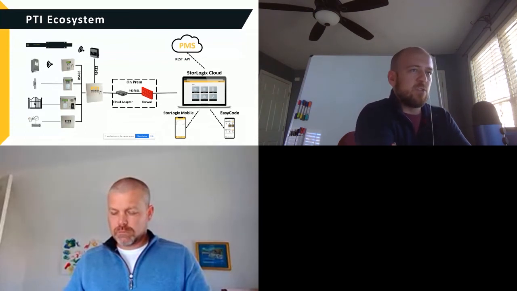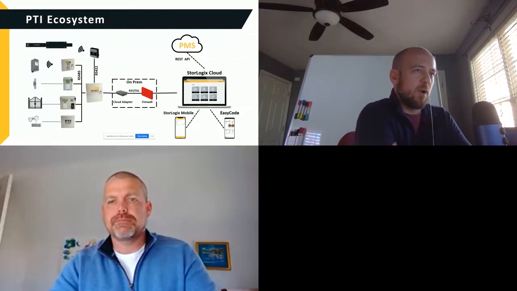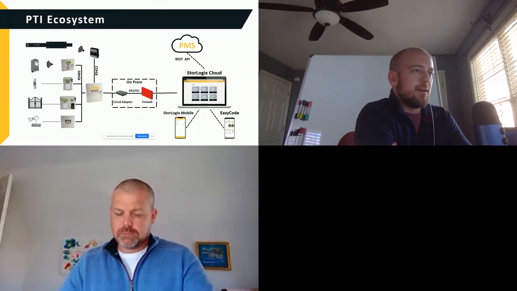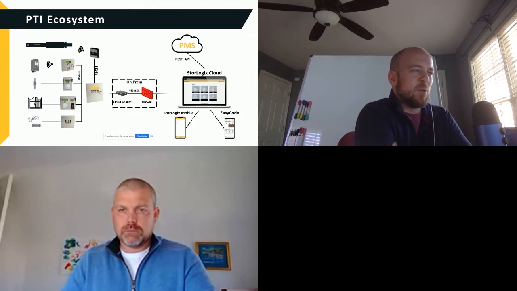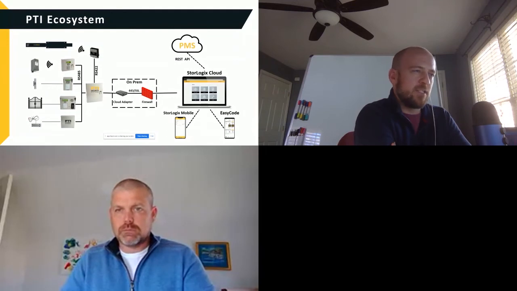You can see StorLogix Cloud. We have the mobile applications on the bottom, and then the property management software that's integrated through a REST API. And we don't have to get into the details here. I just wanted to show you how it works out and how it all fits together.